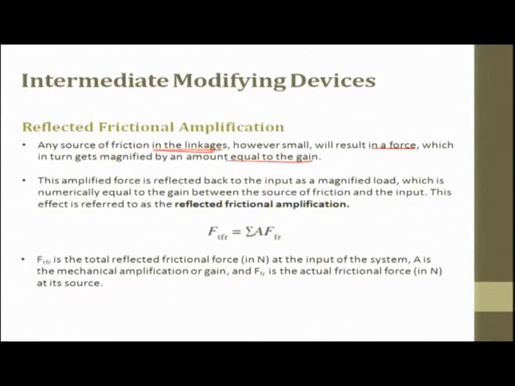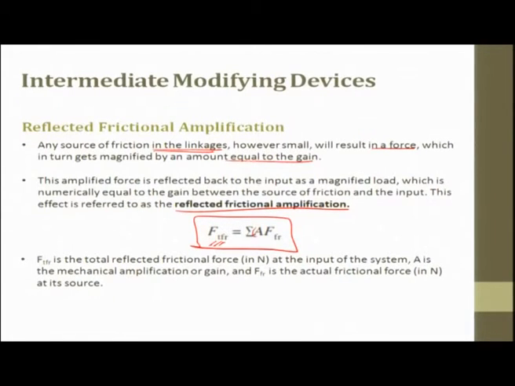This amplified force is reflected back to the input as a magnified load, which is numerically equal to the gain between the source of friction and the input. So, this effect is called reflected frictional amplification. Reflected frictional amplification can be recorded as F suffix TFR, which is nothing but the total reflected frictional force in Newton as the input to the system.